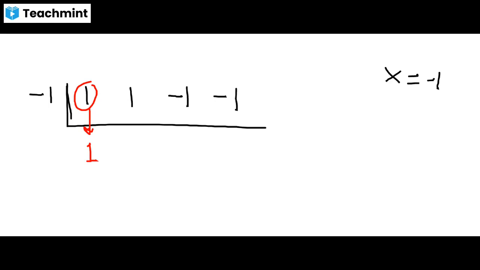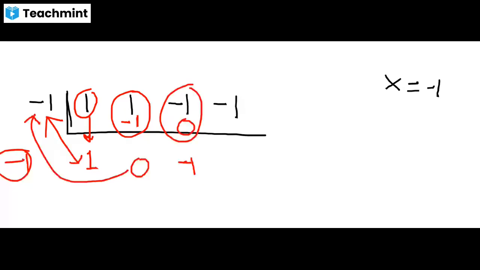Minus 1 into plus 1, that gives minus 1, right? So you have to write minus 1 over here. Add these two. So you get 1 plus minus 1, 0. Now multiply this 0 with minus 1 again. What do you get? 0. Write 0 over here. And add this minus 1 with 0. What do you get? Minus 1.